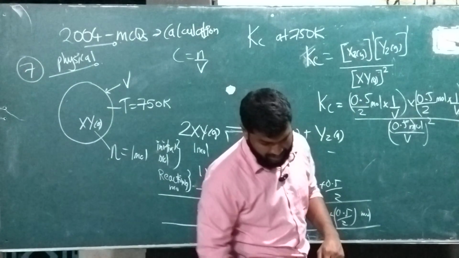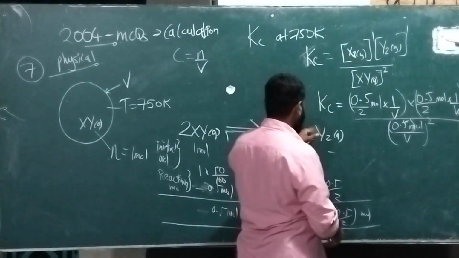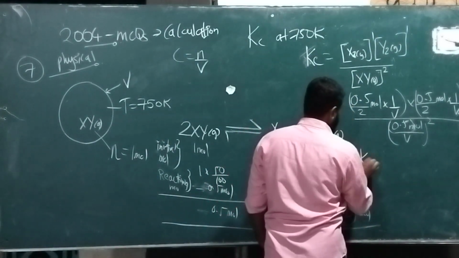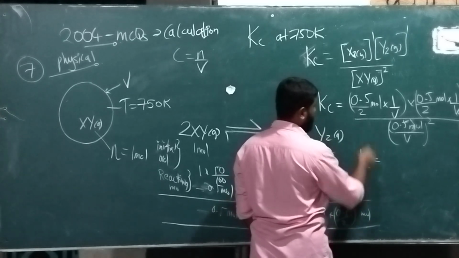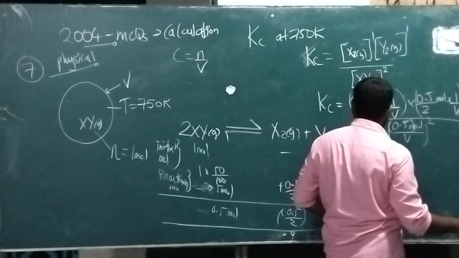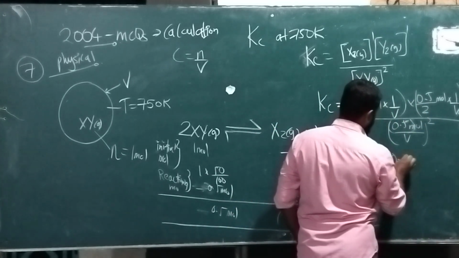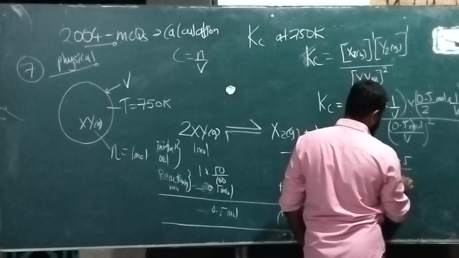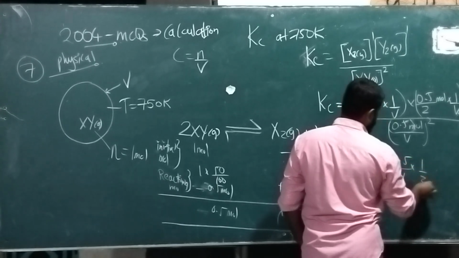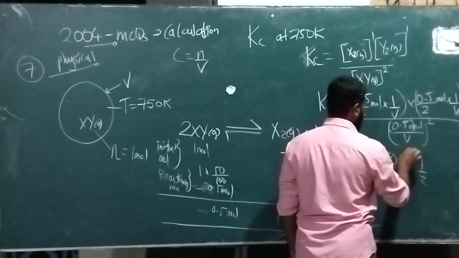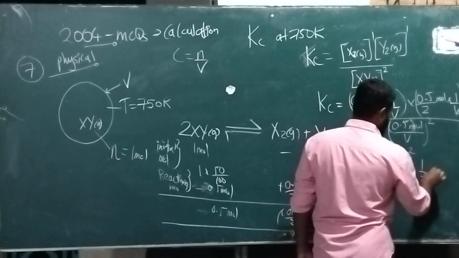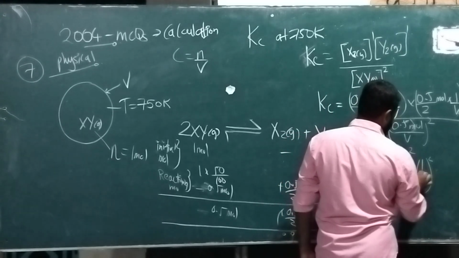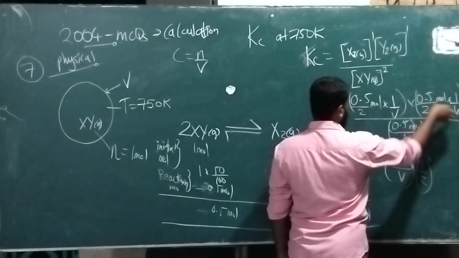Let me simplify this equation. So Kc is equal to, you can square them up. So you get 0.5 over V. Let's take the half outside, so this whole thing squared. Why? I took the half outside.